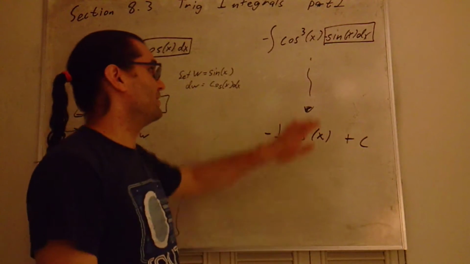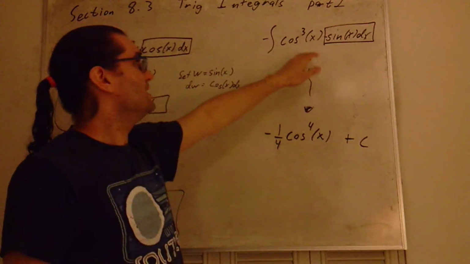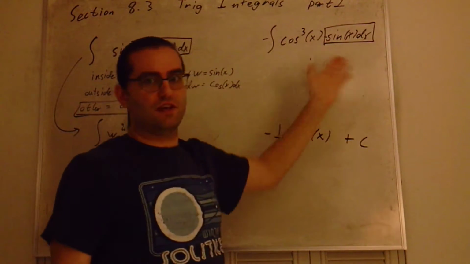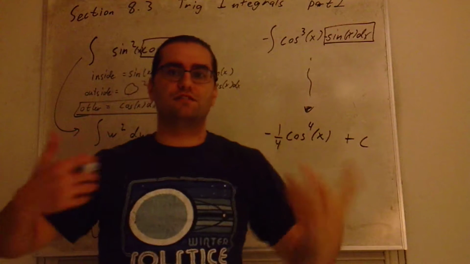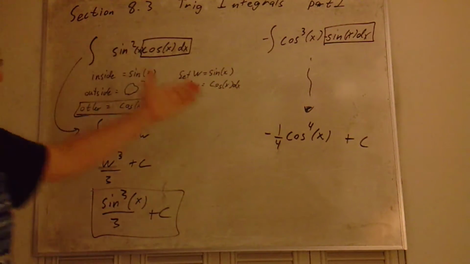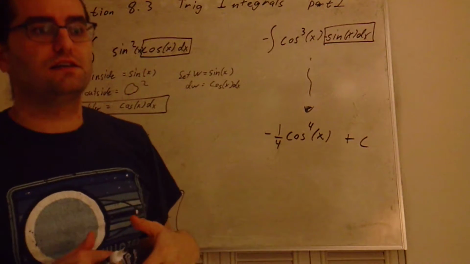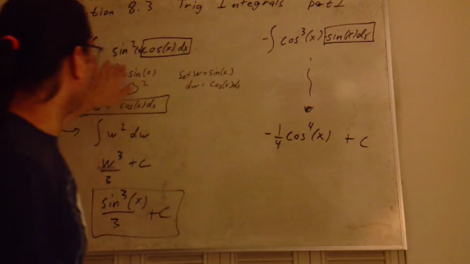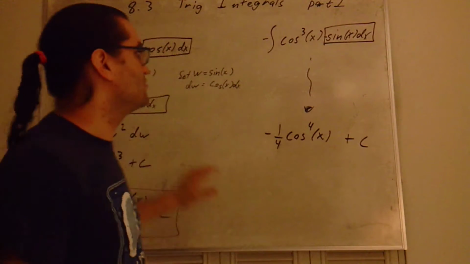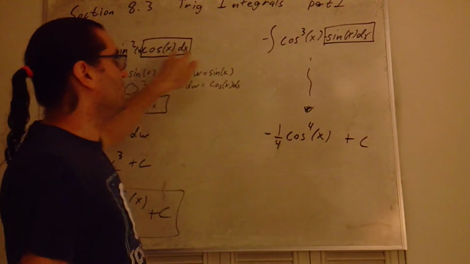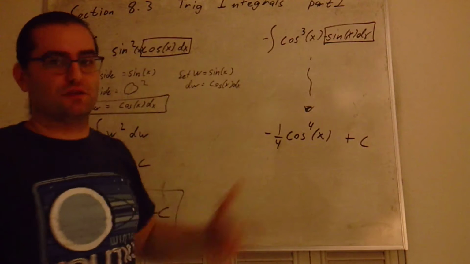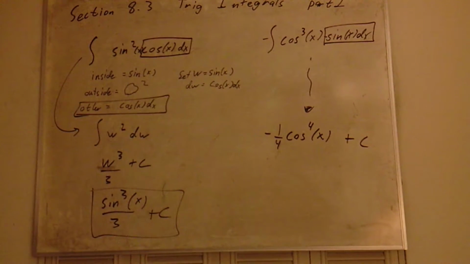Hopefully you did pause the video and work out the details on this. The other function here was sine x dx, and the derivative of cosine x is negative sine. So we can use that as the other. That's what lets us use integration by substitution on these things, and that is the goal. Any number of sines, any number of cosines, doesn't matter. As long as you have exactly one of the other piece, you can do this substitution technique.